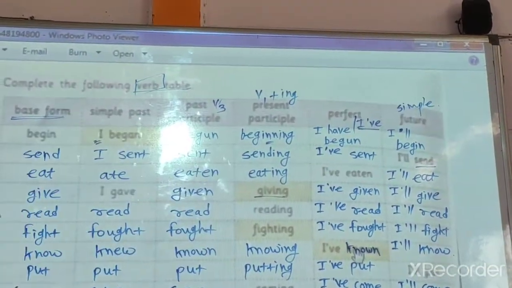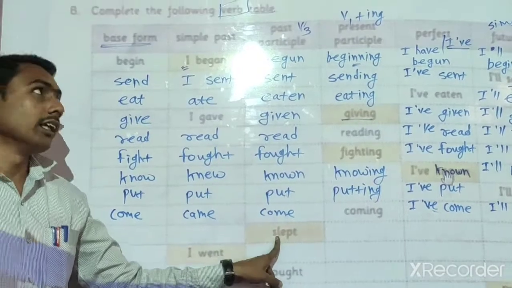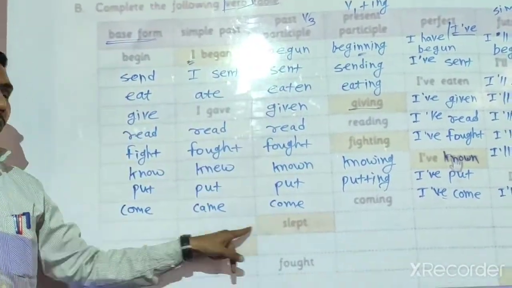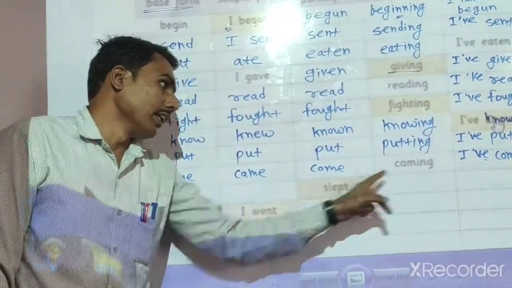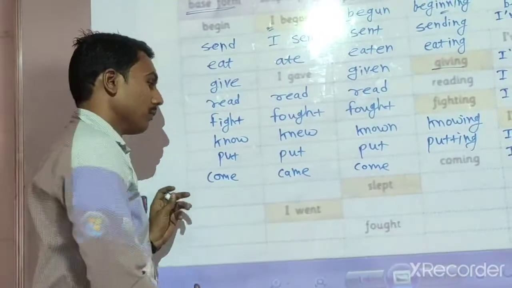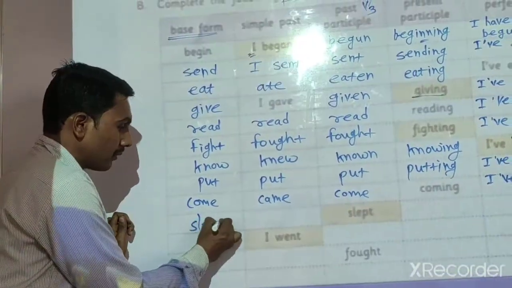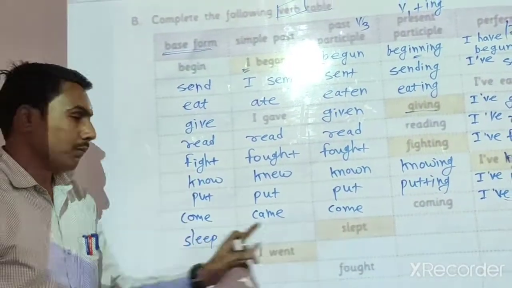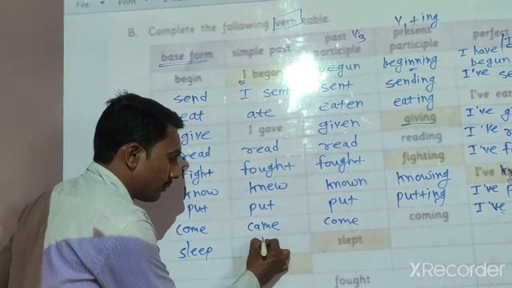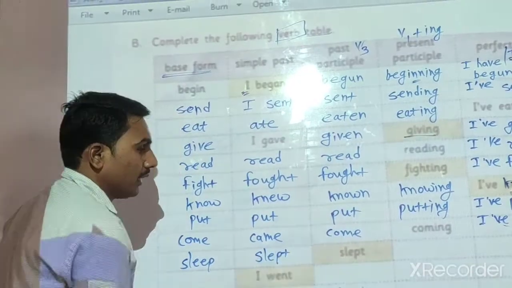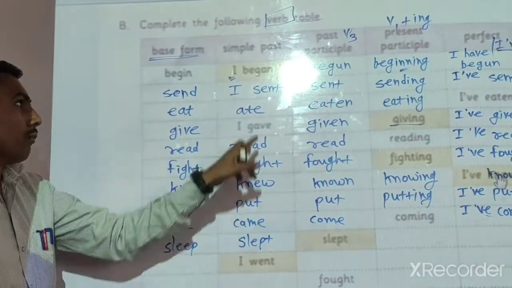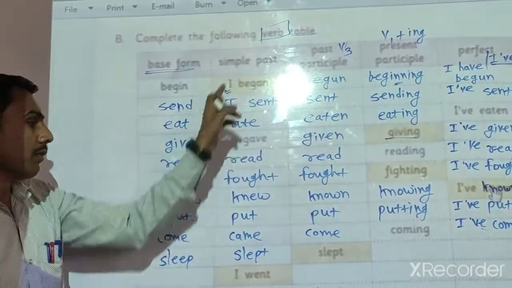Next. Okay. Slept. It is a past participle. We want to write or complete the remaining columns. Look here in first, sleep. First form of that verb. Sleep. Slept. It is second form of that verb, or simple past.